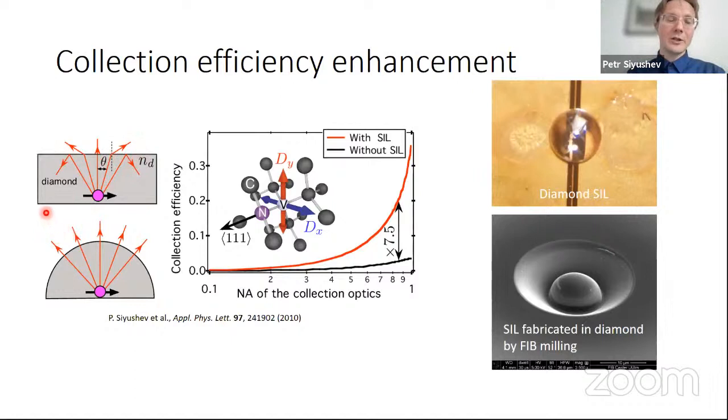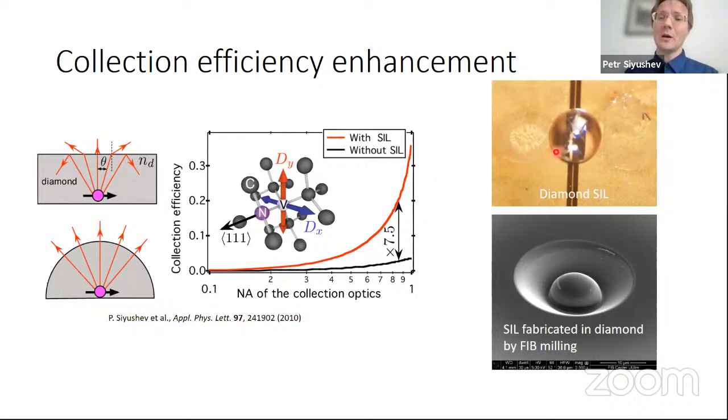However, if we shape the diamond surface into a half sphere, like here, then in all directions we have rays striking the surface at the normal incidence angle, and therefore theoretically you can collect photons into almost 2 pi solid angle. That would allow you to increase the collection efficiency by a factor of almost 10, depending on the objective.